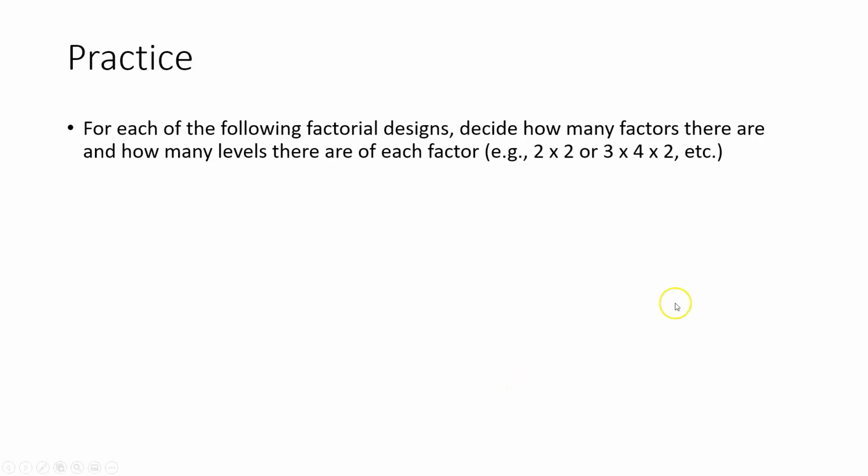So you would write something like a 2 by 2 or a 3 by 4 by 2 or whatever it is, remembering that the number of factors is represented by how many of these numbers you have. Like here, this is a 3 factor ANOVA, and this is a 2 factor ANOVA. And each of these numbers represents the number of levels within the variable.